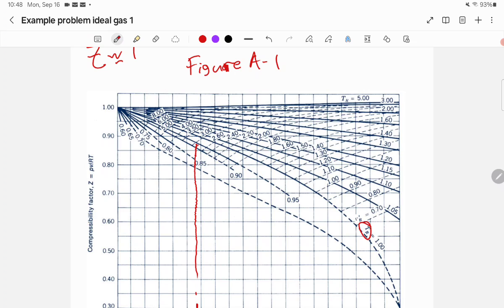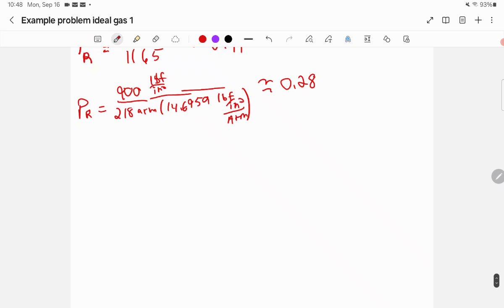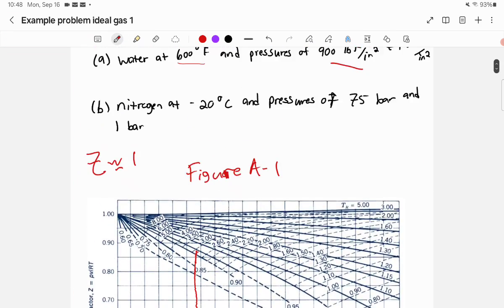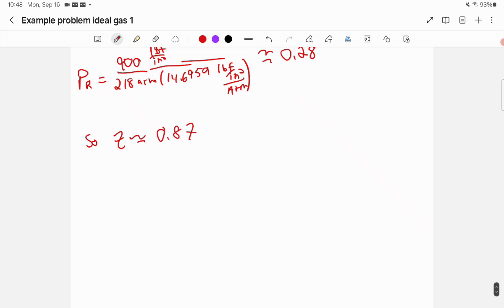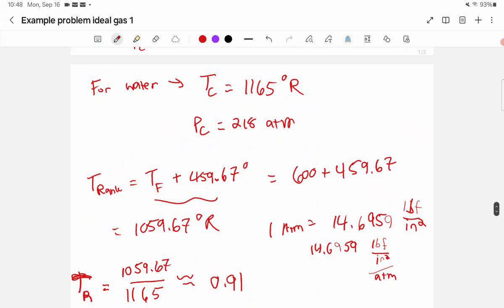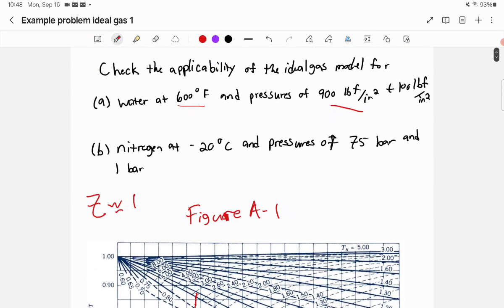So Z is approximately equal to 0.87, and that's not going to be close enough to 1 for us to consider. That's 13% away from being 1, which is a pretty big difference. So in this particular case, water at this temperature and pressure is not going to be considered an ideal gas.